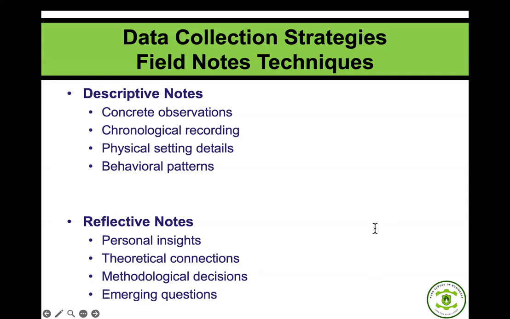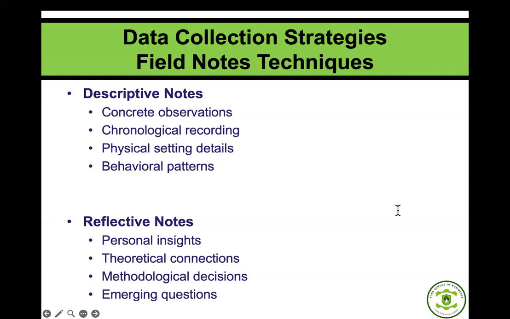way. Then there's also the issue of reflective notes. For reflective notes, this is where you put your analysis hat on. The notes you capture, your intellectual journey through the research, you will also make some notes. Your personal insights, you write them down.